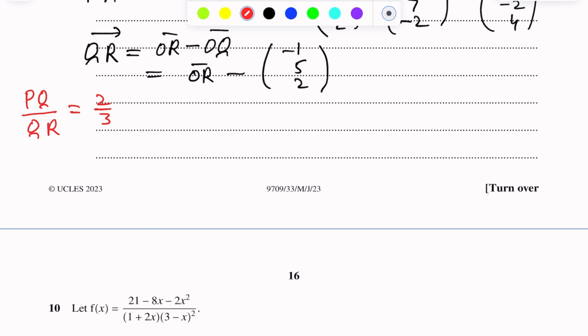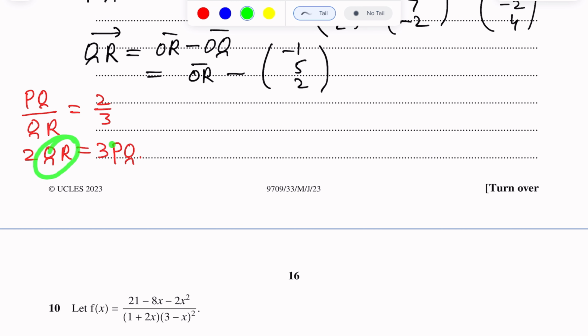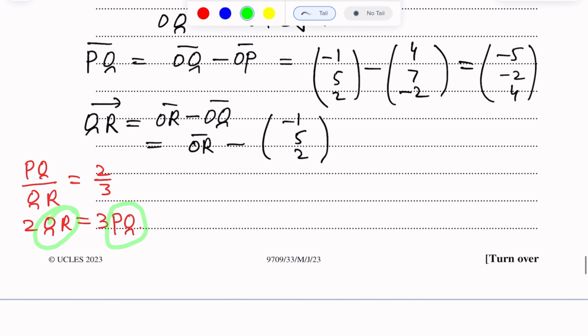So cross multiplying we get 2 QR is equal to 3 PQ. Now we will put here the vectors QR and PQ we have already found. QR and this is PQ.